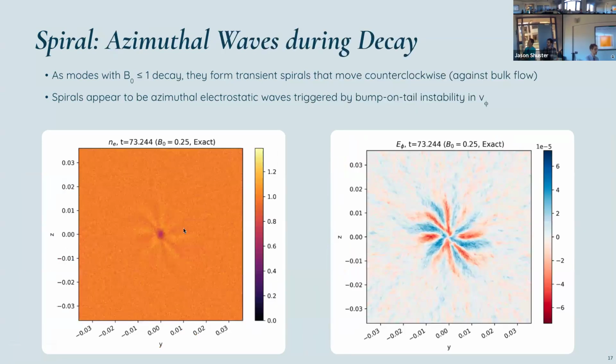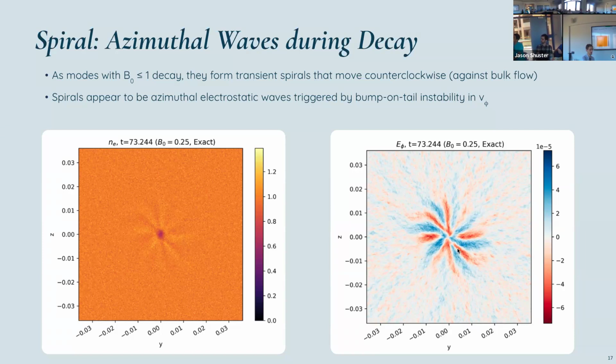But here's the spiral that forms. So this is at the linear phase of the instability. We see these radial arms, hopefully that can be seen in person. It's much easier to see if you look at the azimuthal electric field.